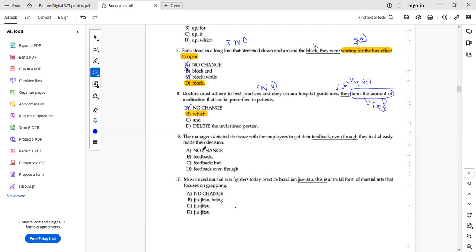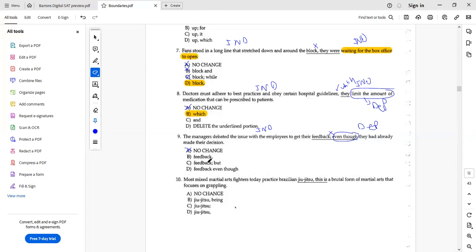Second one, number 9, number 10, that most of you got wrong. The manager debated the issue with the employees to get their feedback. Independent. Even though is a subordinate conjunction, so this is dependent. How do you put a semicolon in? A semicolon is wrong. Okay.